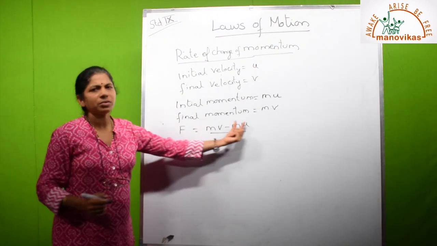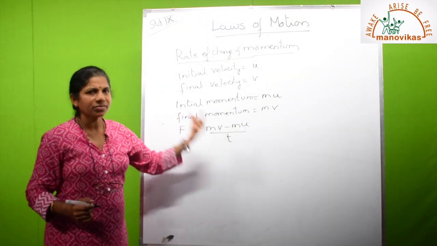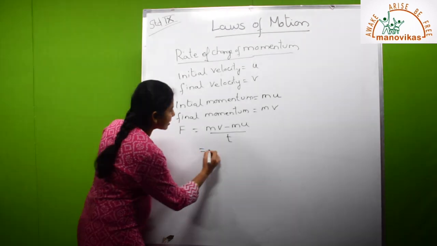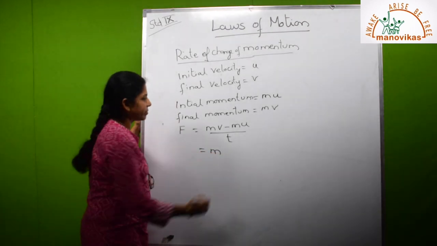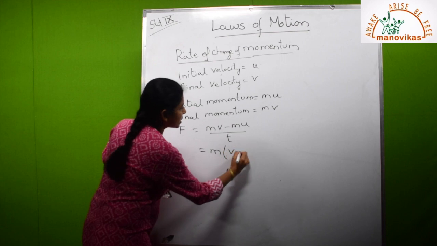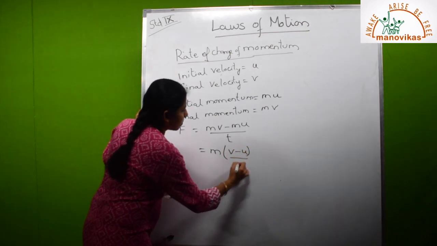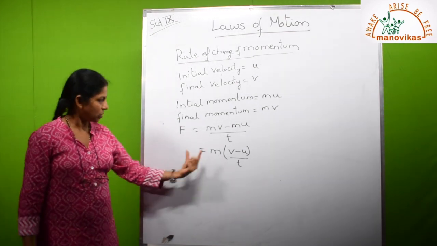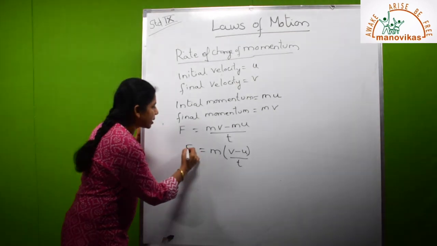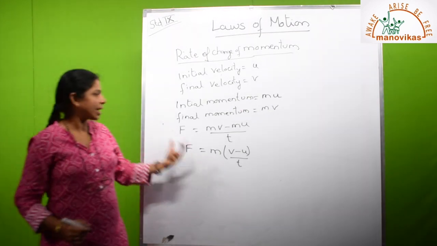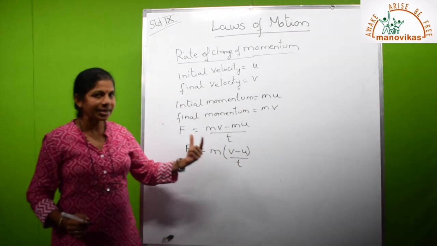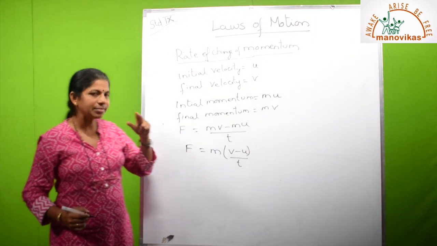So mass will remain the same. This is for objects where the mass remains the same. So this can be written as m times (v minus u) upon t. Correct? But you all have already learned that (v minus u) upon t is nothing but the acceleration that is produced.